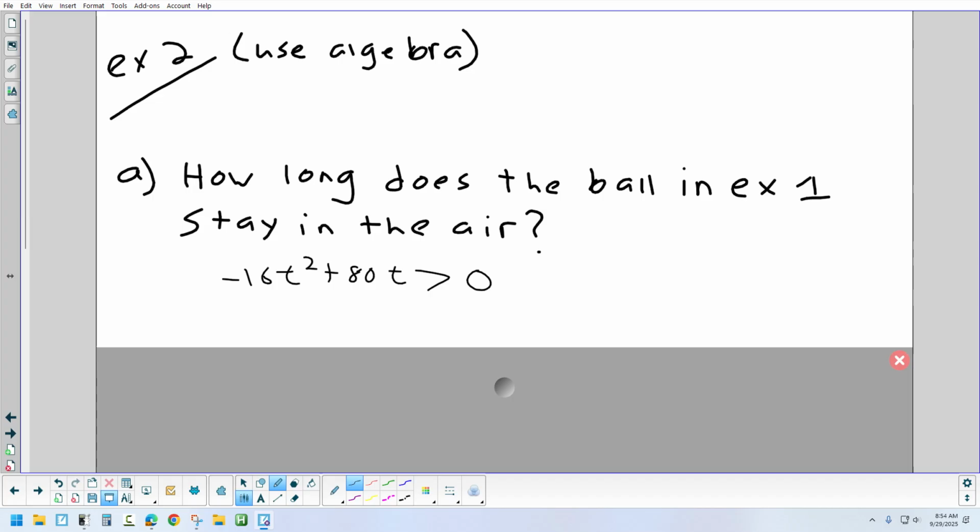Jade, what can I factor out there? T. Yep, t. And what about for a number? 4. We can go even bigger. 8. Yep. How about bigger? 16. Yeah, we can factor out a 16, and let's take a negative with it. So let's factor out a negative 16t.